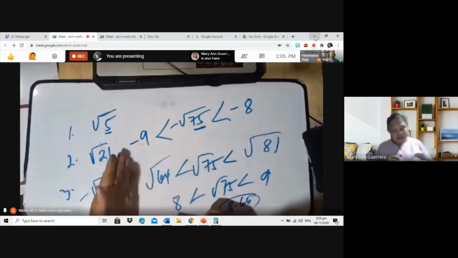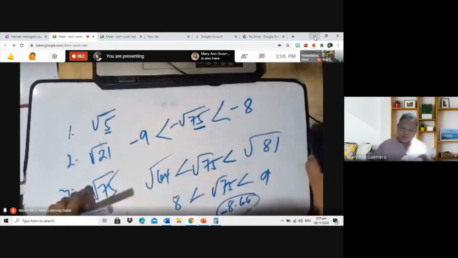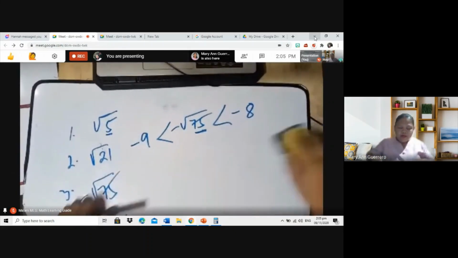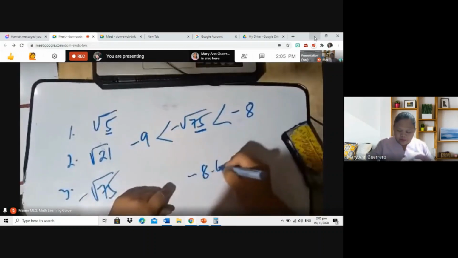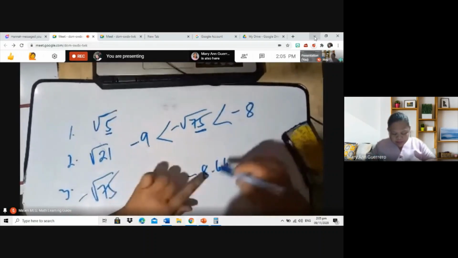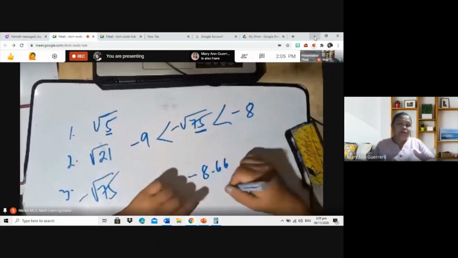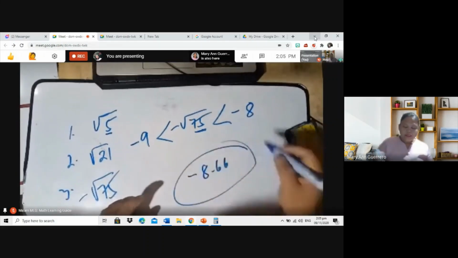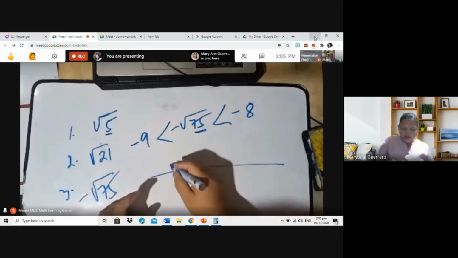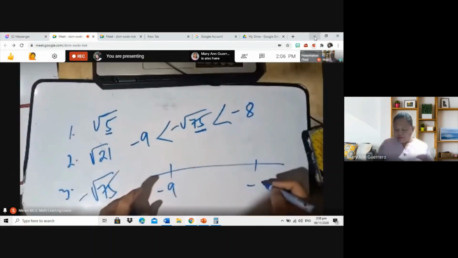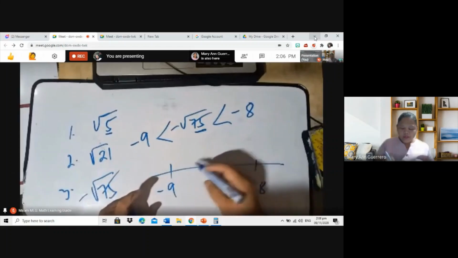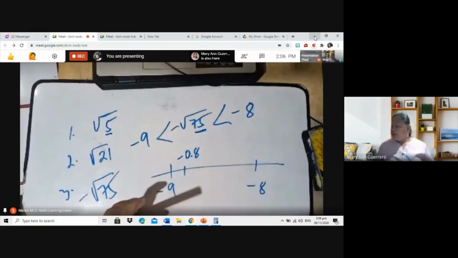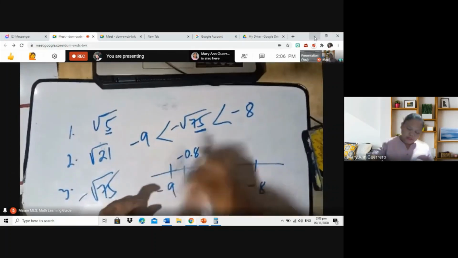Greater than negative 9 but less than negative 8. So, the value is negative 8.66, greater than negative 9 but less than negative 8. Remember, sa number line, we have here negative 9, negative 8. So, nandito si negative 8.66.